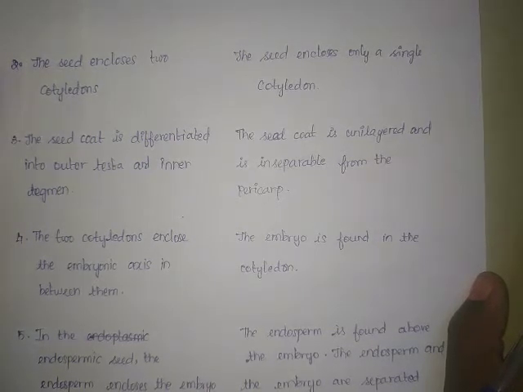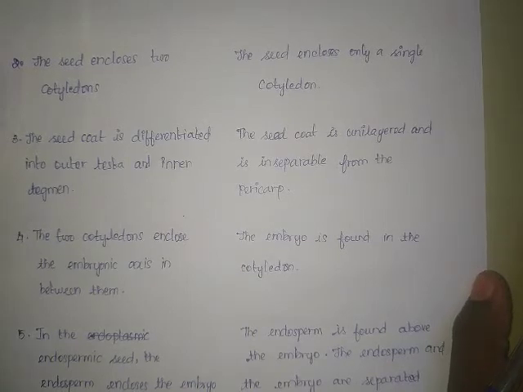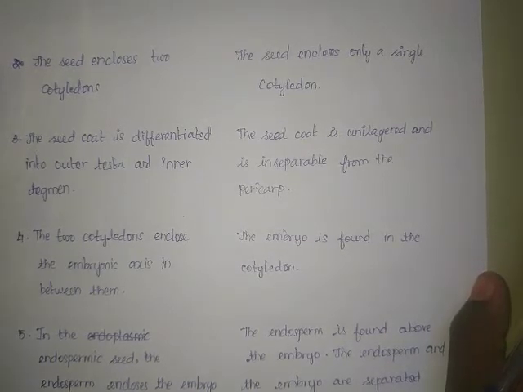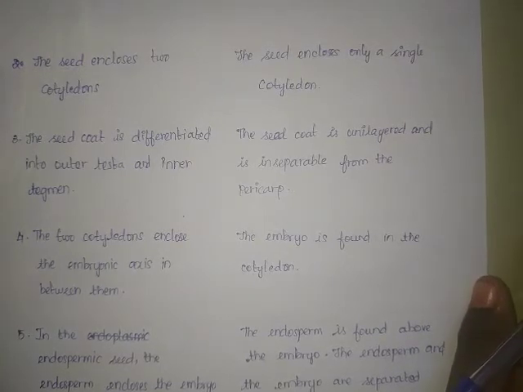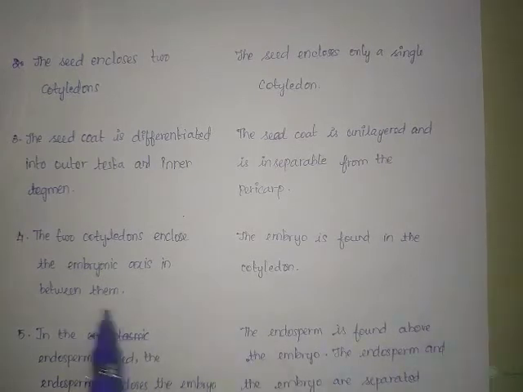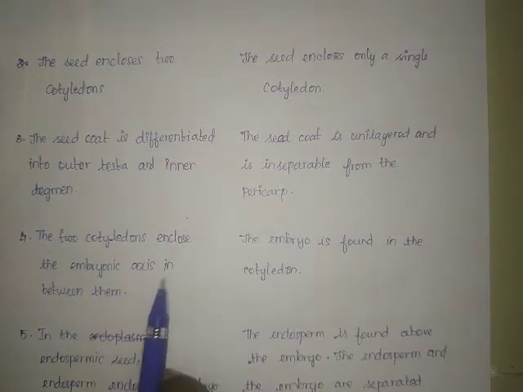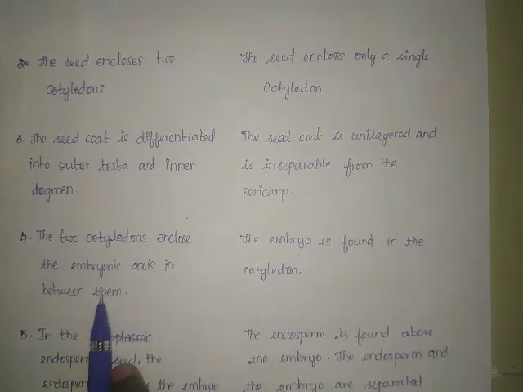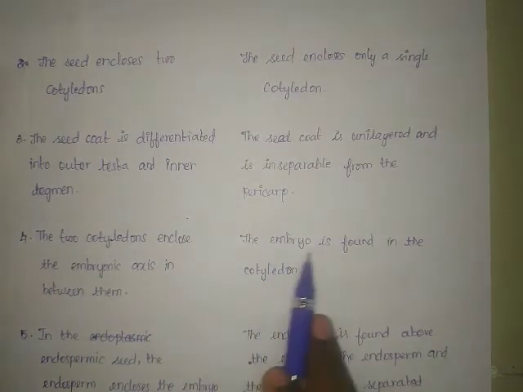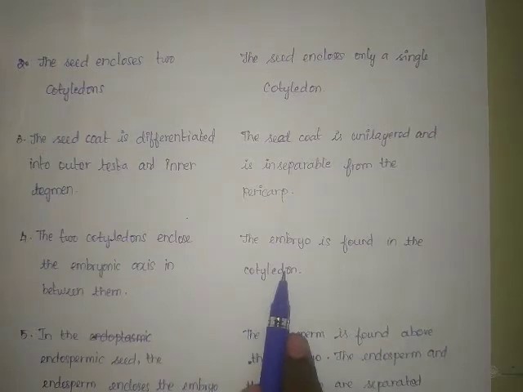Next, fourth point, they have asked any three, but I have written five points. You can write any three. Fourth point, in dicot, the two cotyledons enclose the embryonic axis in between them. In monocot, the embryo is found in the cotyledon.